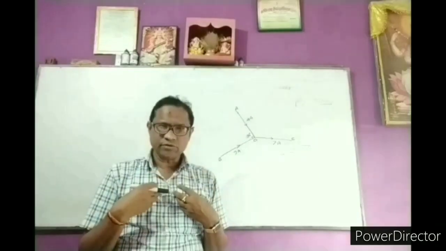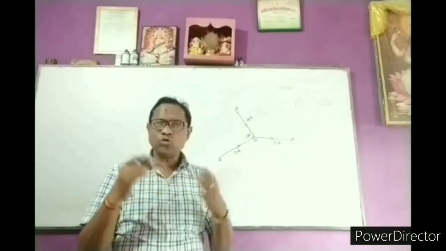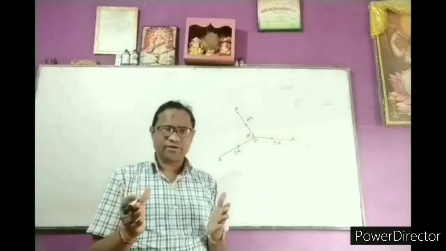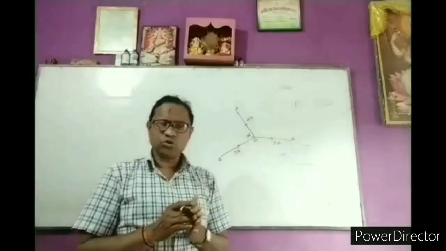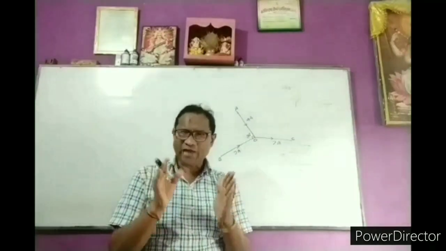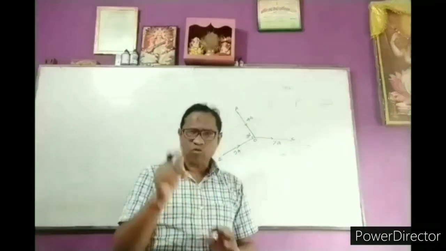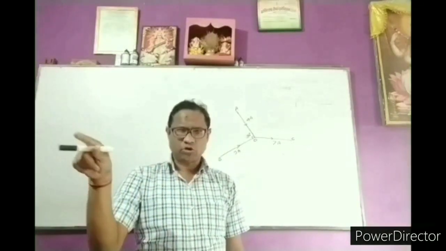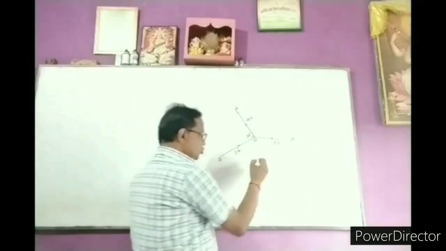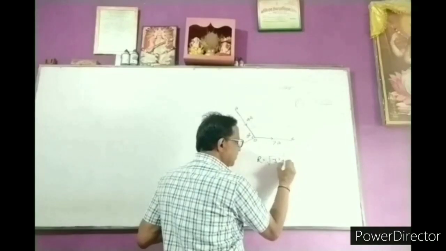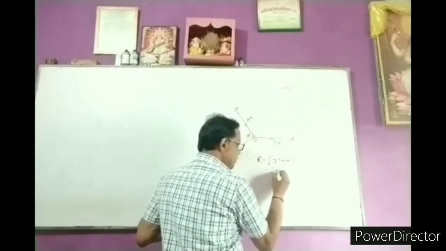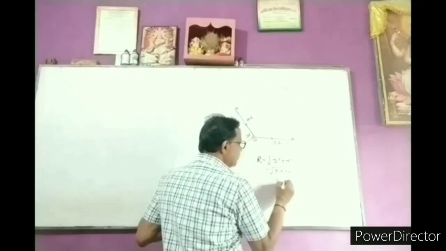We know that if two vectors are perpendicular to each other, then resultant vector R is equal to under root of one vector squared plus another vector squared. So R is equal to under root 3 square plus 4 square, 9 plus 16, so 5 ampere.